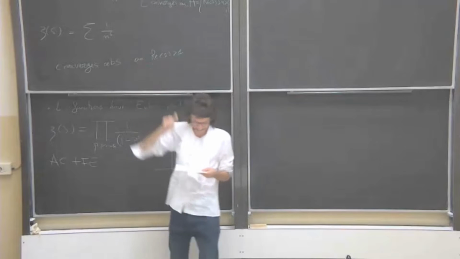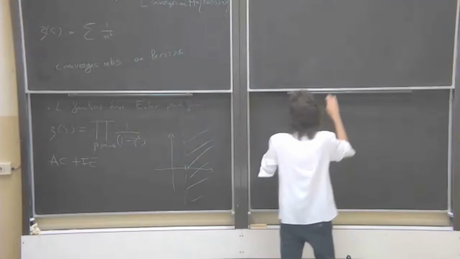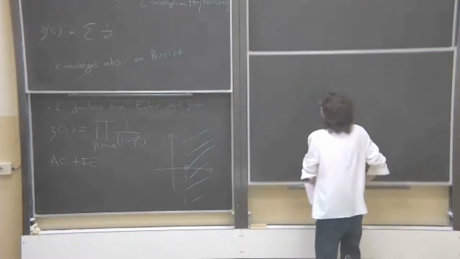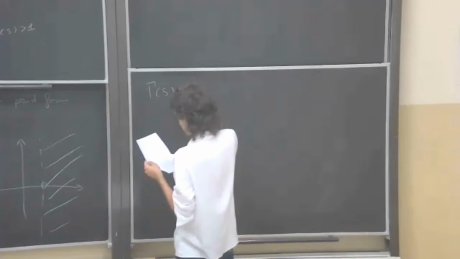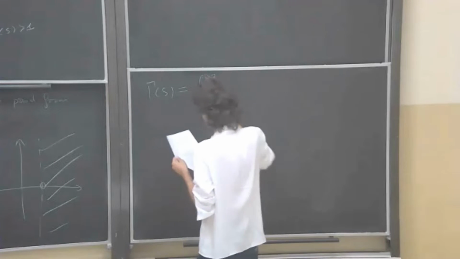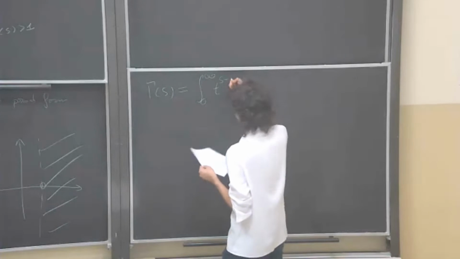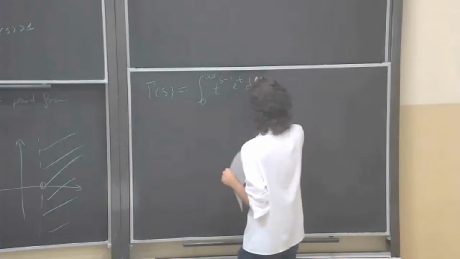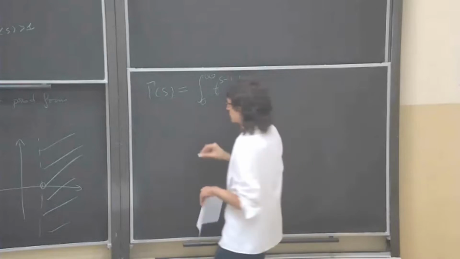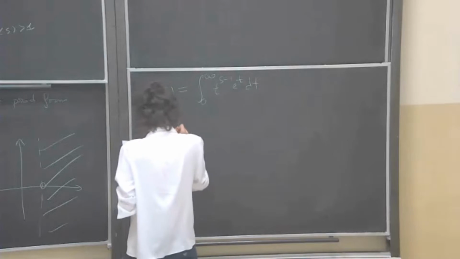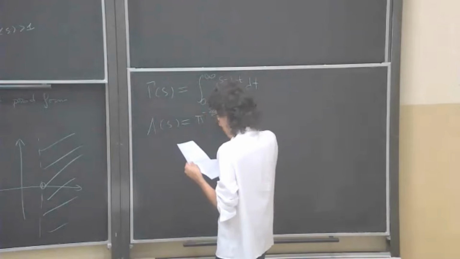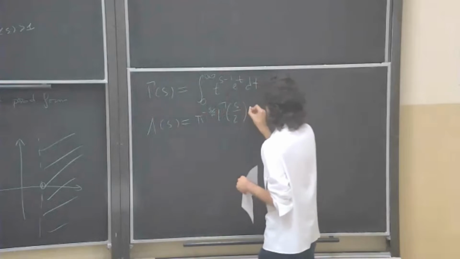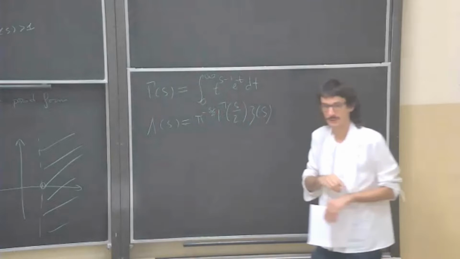And what we do, first of all, is recall the definition of the gamma function, gamma of s, which is none other than the integral between 0 and infinity of t to the s minus 1 e to the minus t dt, and then define a function lambda of s to be pi to the minus s over 2 gamma of s over 2 zeta of s.